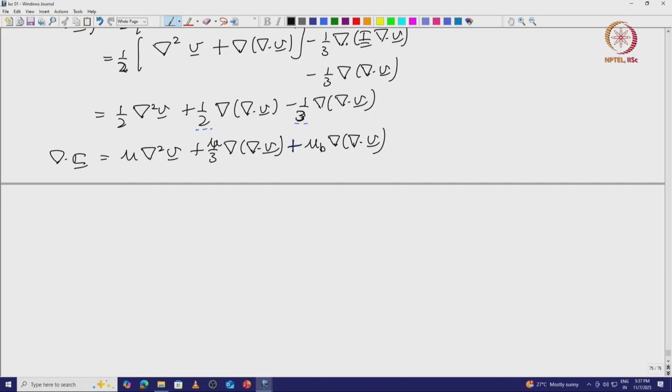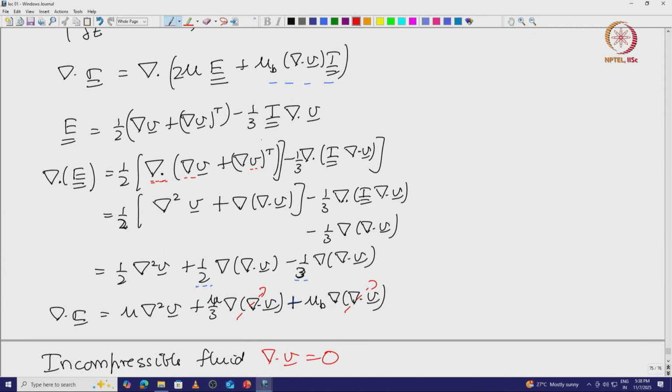For the particular case of an incompressible fluid, del dot V equal to 0. In this case, you can easily verify that this term goes away and this term goes away. Similarly, in the stress tensor, this term will go away as well as this term will go away.